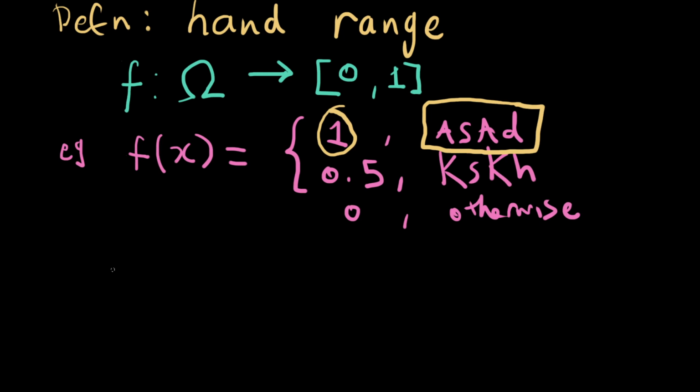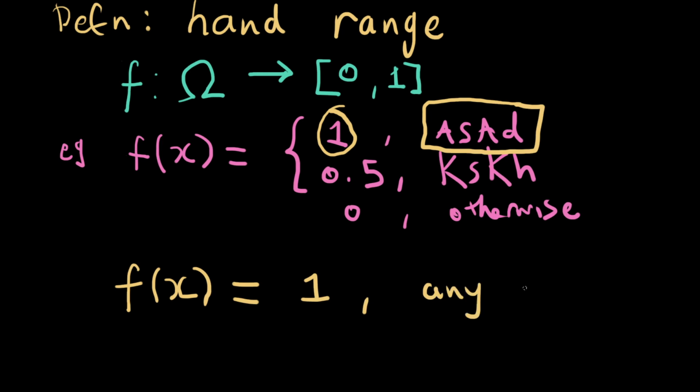So what is the hand range when you're dealt a hand? Let's say we have the starting hand distribution. f of x is our function, and this is going to be equal to 1 for any hand.